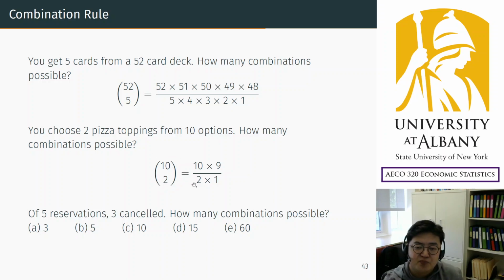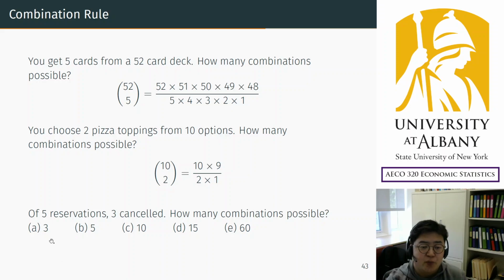And again, in the denominator, you multiply 2 numbers, 2 and 1. And in the numerator you also multiply 2 numbers, 10 and 9, right? From 10. So this is how you calculate the number of possible outcomes, possible combinations.